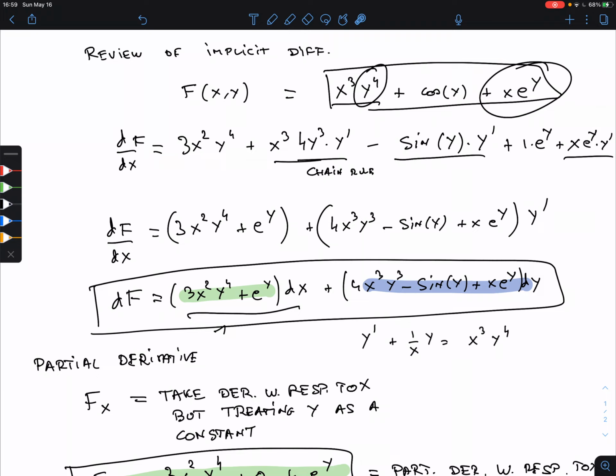But if I put this equal to something else, to 0, or in this case I'm going to put it equal to c, so f equals c, by that I make an equation, so that we have an implicit equation that defines y in terms of x. So far we have been treating x and y as separate, but once we put them equal to a constant, we put a relationship between them and they become dependent upon each other. And in the optimal case, you could actually solve for y and you would have an explicit one. We will see examples of that.